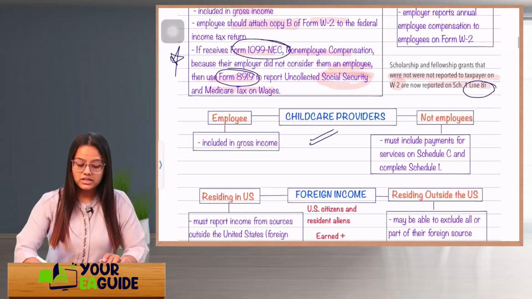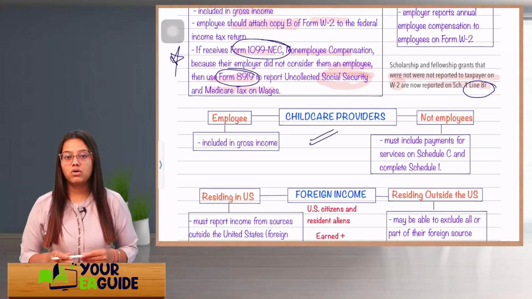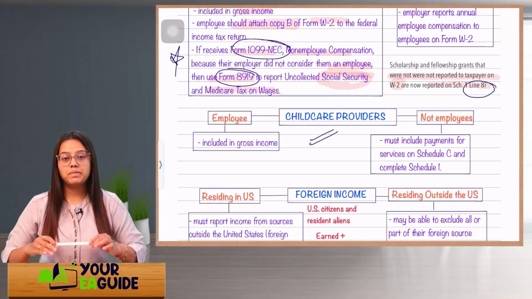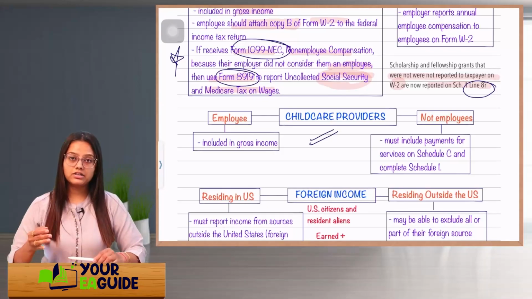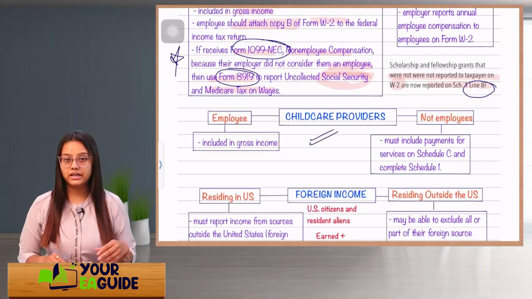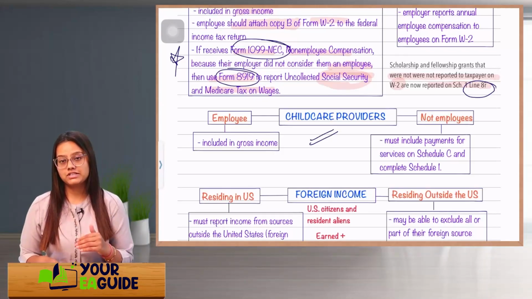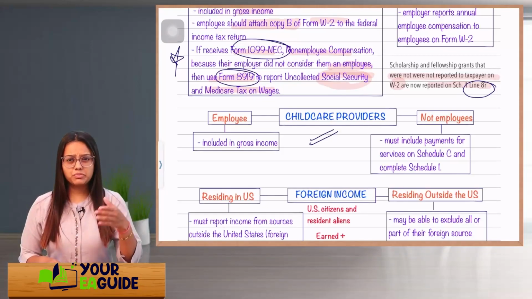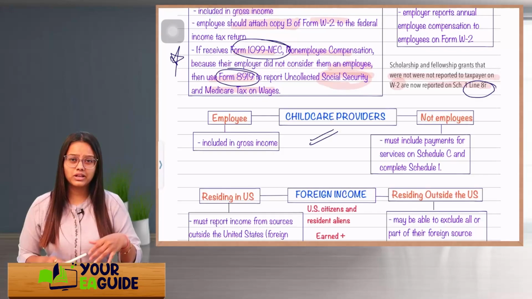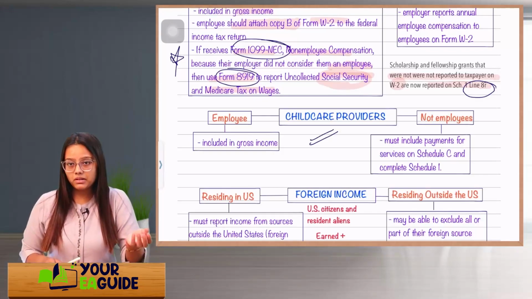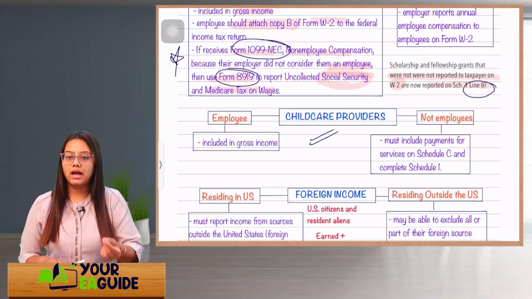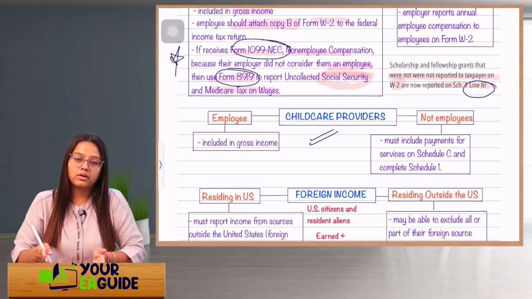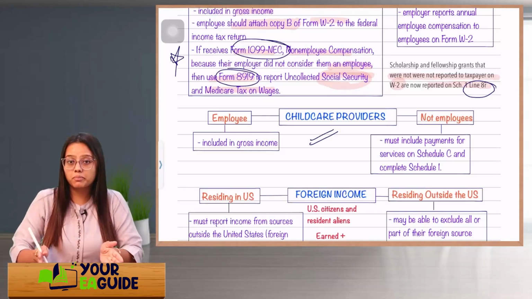Second one is child care providers. Now the employee receives the benefit from the employers, that instead of paying the childcare facility, the employer will pay the childcare facility on their behalf, or the employer can provide a childcare facility just below their office or surrounding to the office, so that the employees can come over and have a proper workplace.